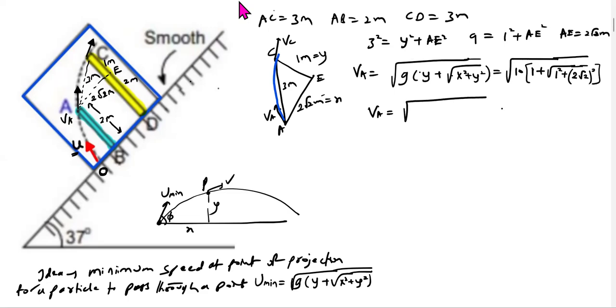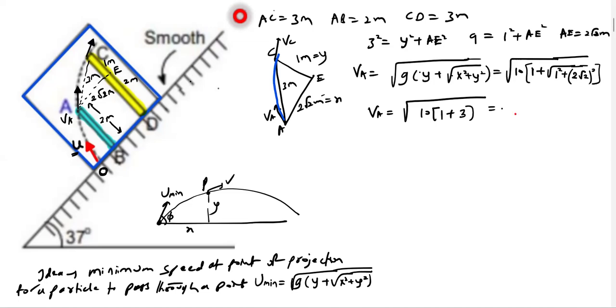Okay, this should be equal to 10 into 1 plus, okay, this will be 9, I think it will be 3. 2 root 2 squared is 8, 8 plus 1 is 9. Root 9 will be 3, 3 plus 1 is 4.